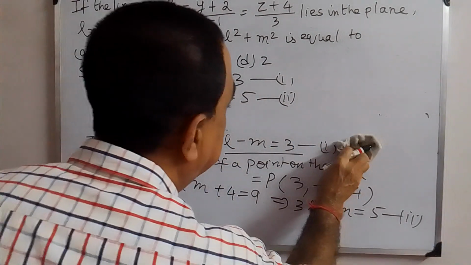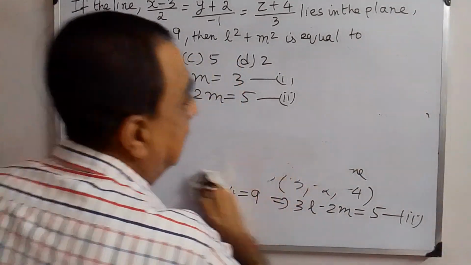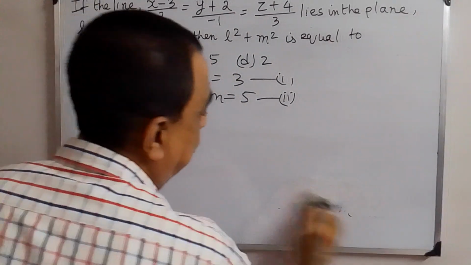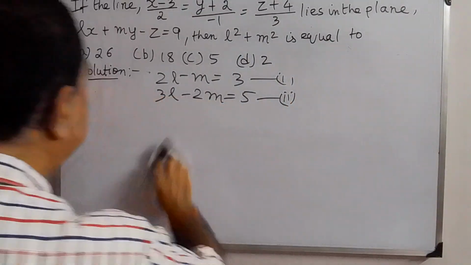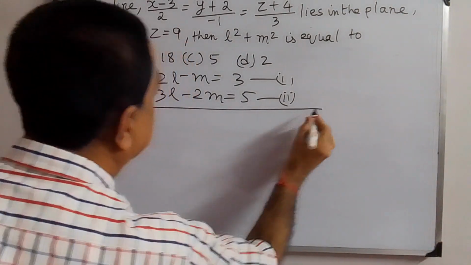Now solve it by the cross multiplication method. There are many methods of getting the values of L and M by solving linear equations, and we are doing it by the cross multiplication method.